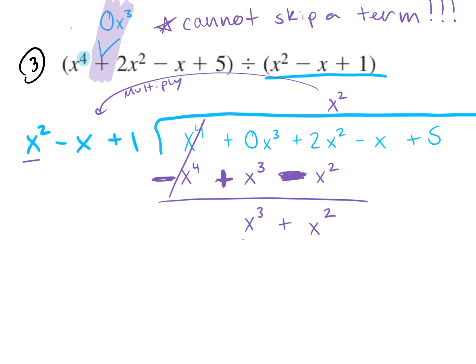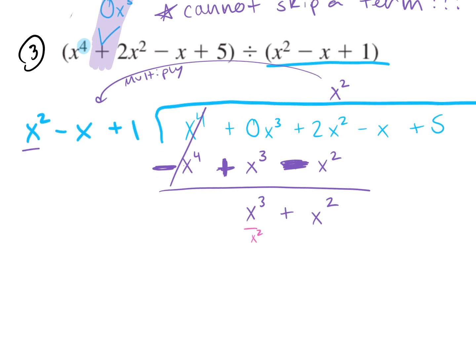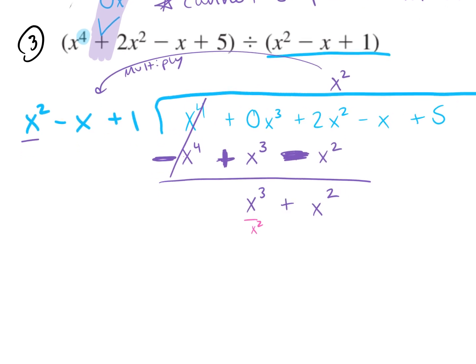After we combine, what's next? Repeat. So we divide. So what is x cubed divided by x? Or x cubed divided by x squared. I'm sorry, we're dividing the first term here. So x cubed divided by x squared. X. So I put plus x on top. After we divide, what do we do?